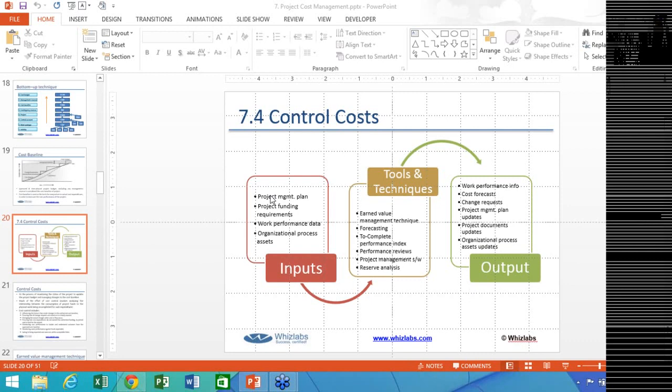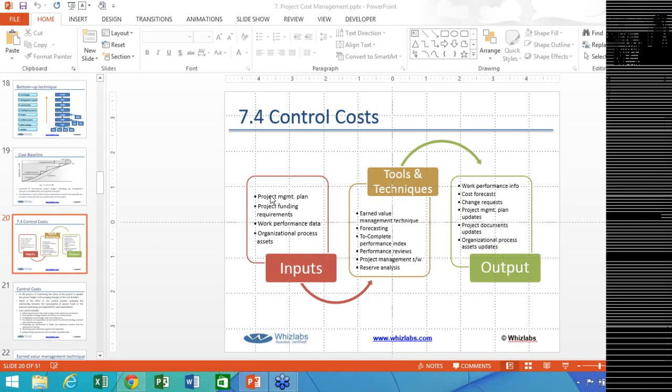We will start with the control cost. As I told you yesterday, in the control cost process we are basically monitoring the status of the project, and at times we make changes to the project cost and to the cost baseline as a result of some potential deviation.